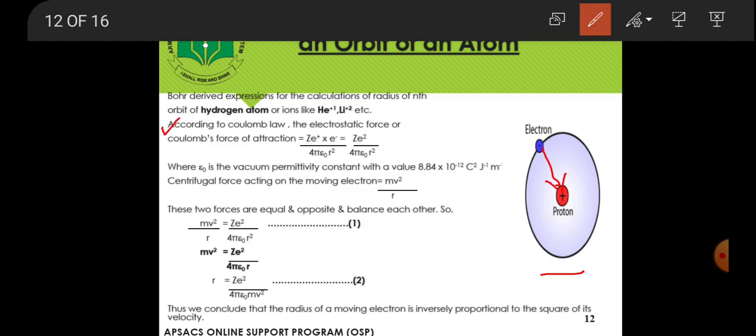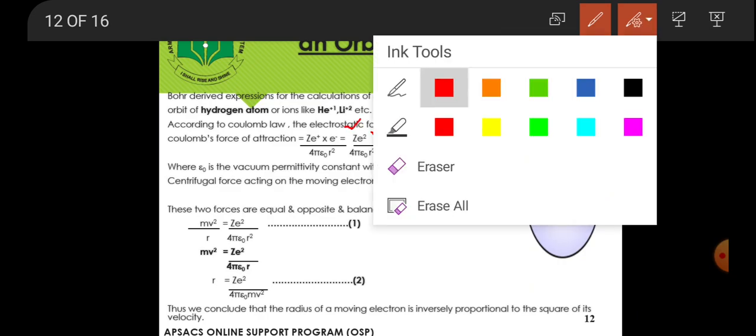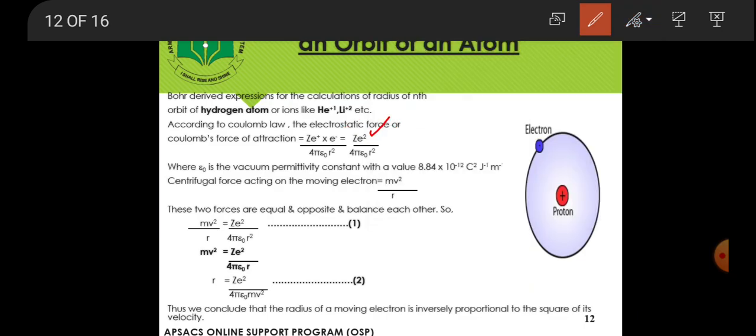So according to Coulomb's law, the electrostatic force or Coulomb's force of attraction is equal to Ze plus multiplied by e minus over 4 pi epsilon naught r square, or we can say that the Coulomb's force of attraction is equal to Ze square over 4 pi epsilon naught r square, where Z is the atomic number, e square is the charge, that is positive and negative, then 4 pi epsilon naught.